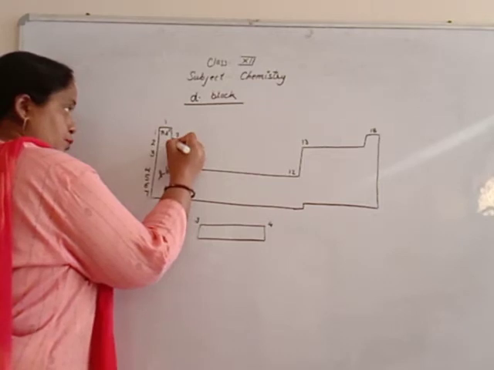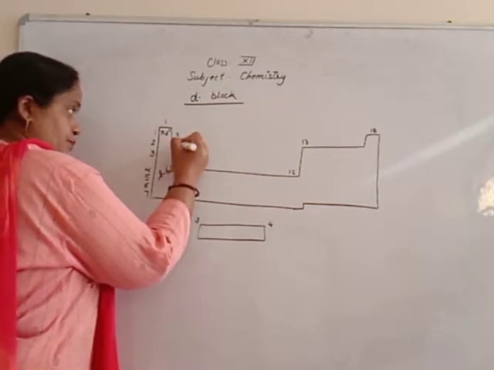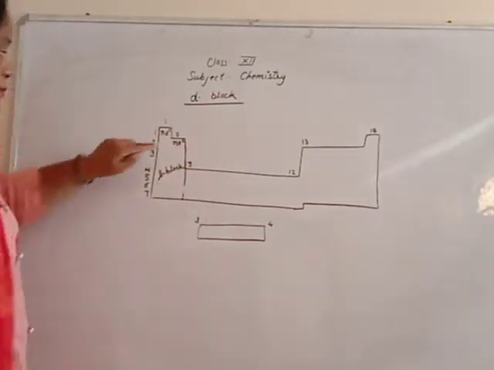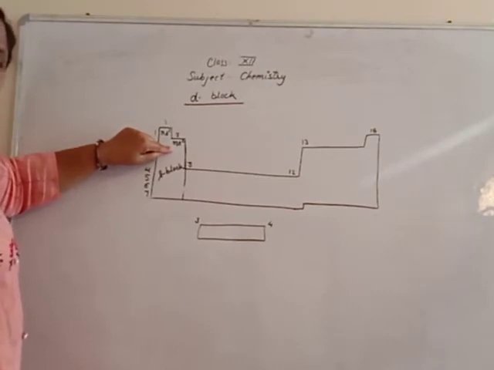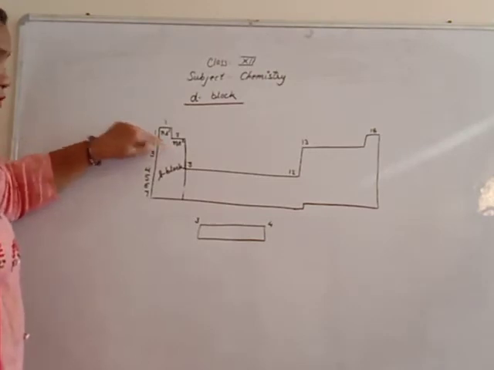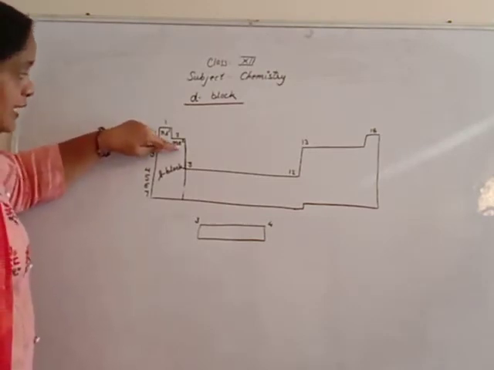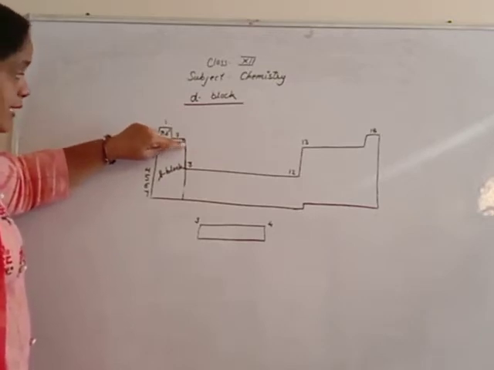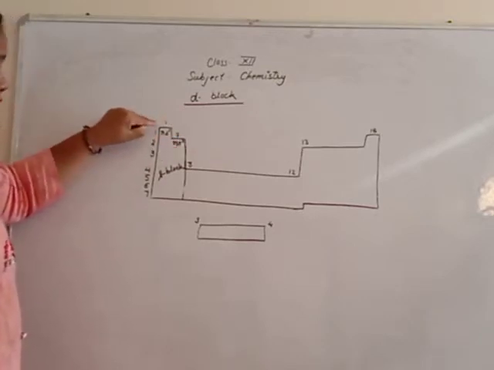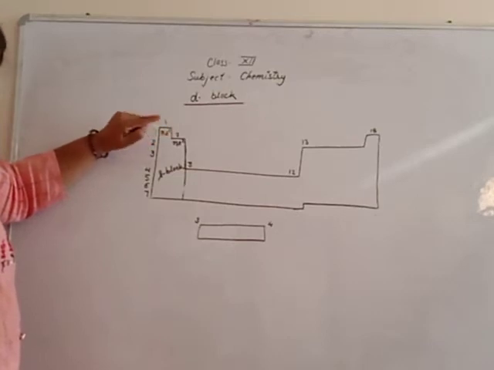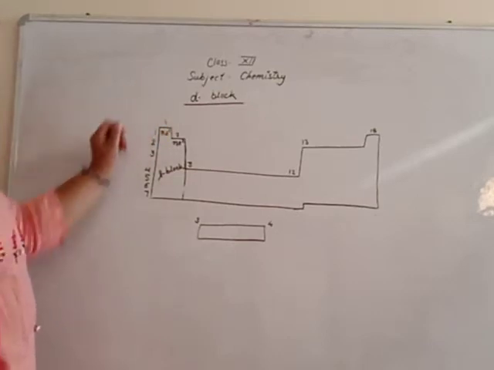Same for group 2, it is ns2. That means n is again the number of shells or periods, and the last electron enters the S orbital. The electron enters in which orbital, that element belongs to that block.